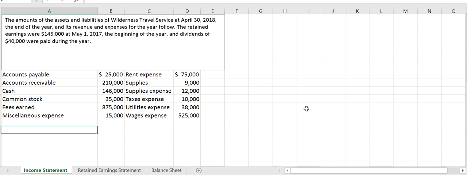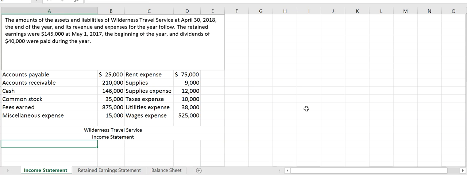So to get started, we have to start off with a heading. So the first piece is going to be the name of the company. So Wilderness Travel Service. Next, we have to list the financial statement that we're completing, which is our income statement. And third, we have to tell our reader what time the values in our financial statement represents.